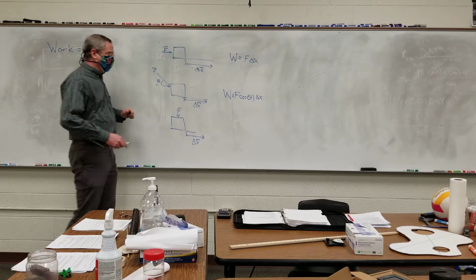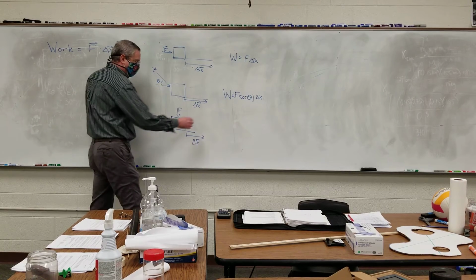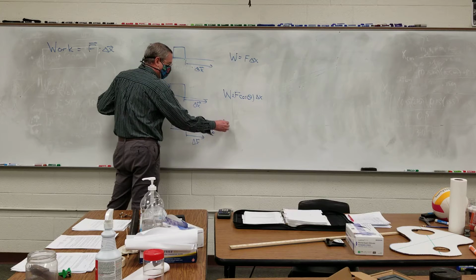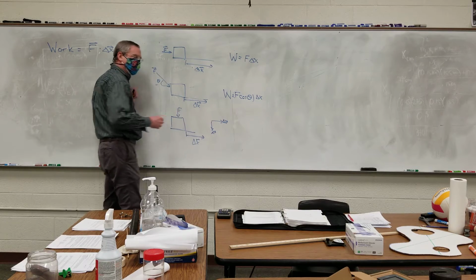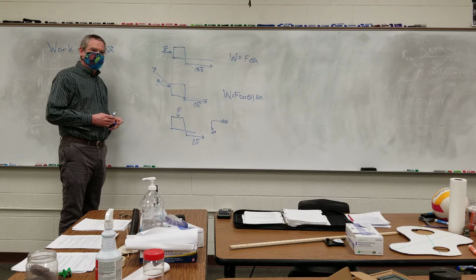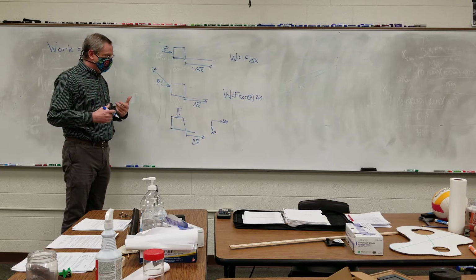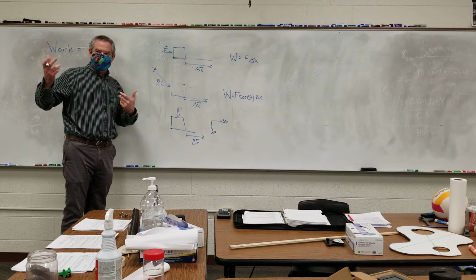From the math equation of it, the angle between displacement and the force, so if my force is down and my displacement is to the right, what is the angle between them? Come on, anybody. 90. Thank you. Units? 90 degrees. There we go.